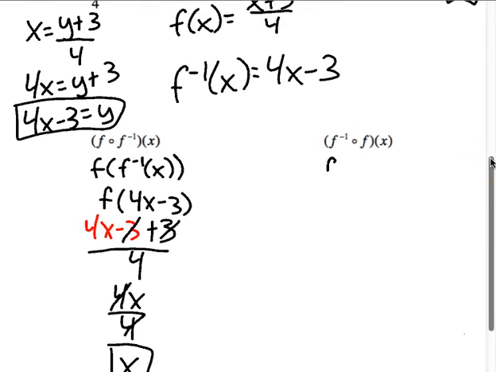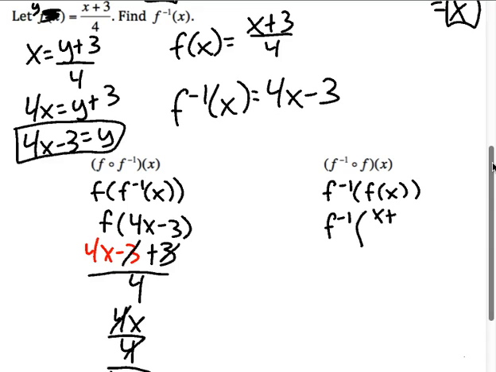All right, let's do it in the reverse order. The inverse of the function of x. So this time, the original function was (x plus 3) over 4. Now I can compose that in. So in my inverse function, I'm going to substitute in the (x plus 3) over 4.